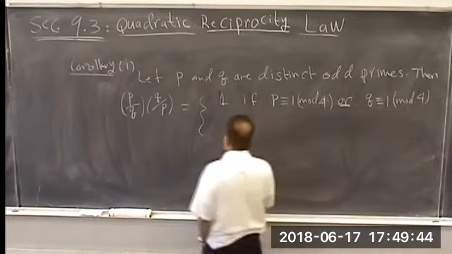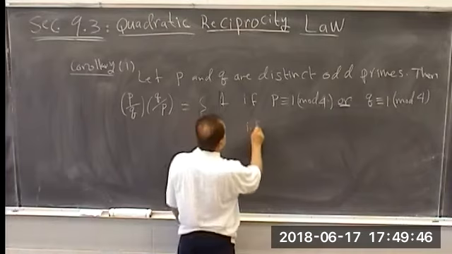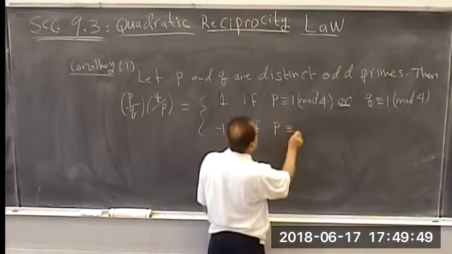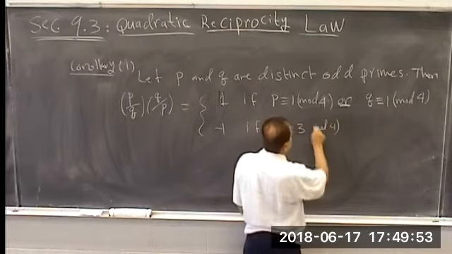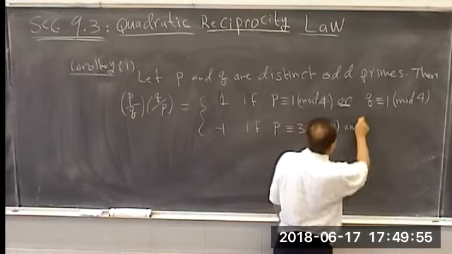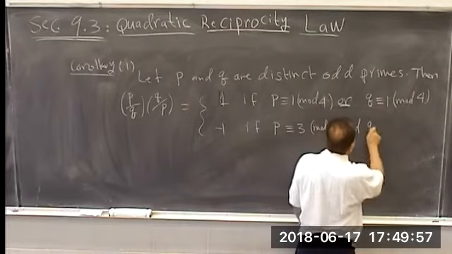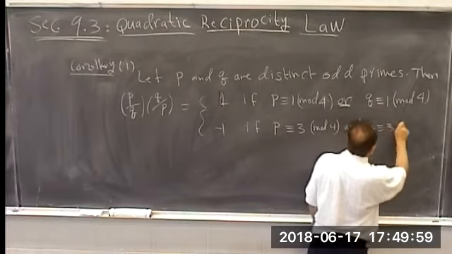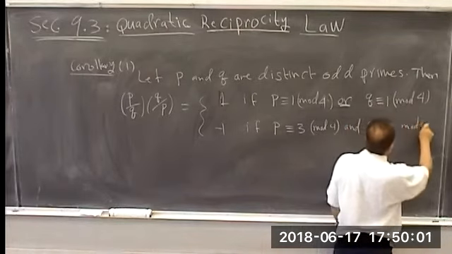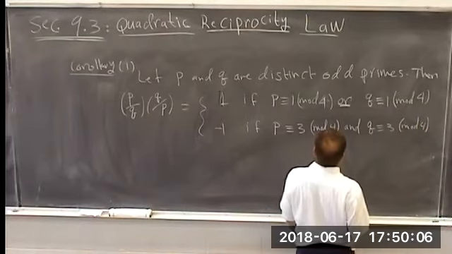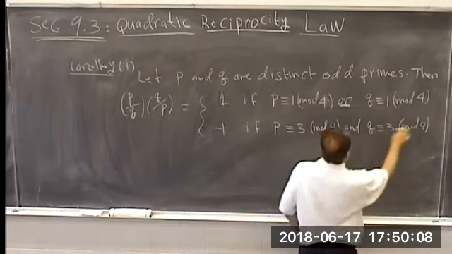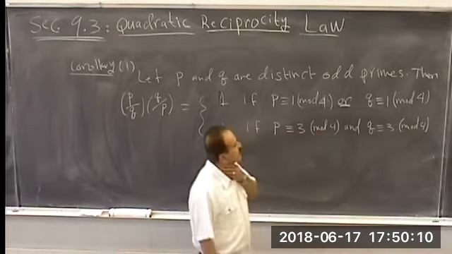And it's equal to negative 1 if P is congruent to 3 mod 4 and Q is congruent to 3 mod 4.